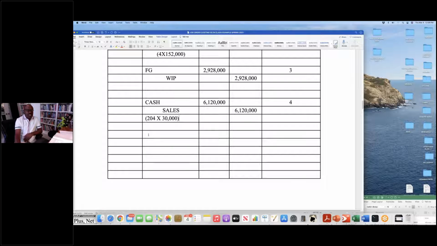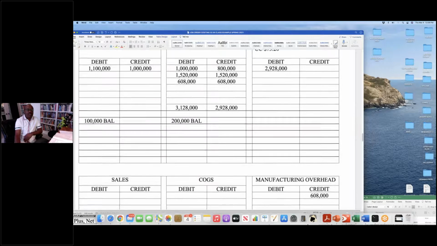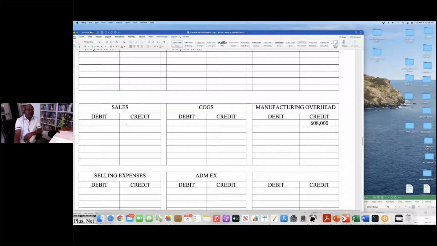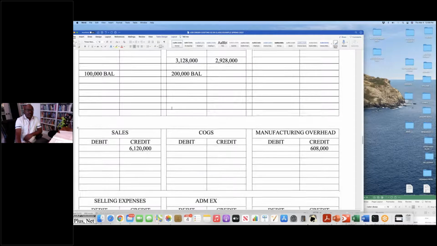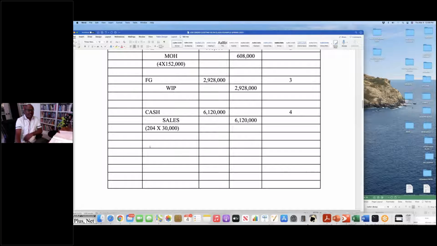And we know when we sell something, we also do what? Let me post that 6,120,000 right quick. We know that we always do what? Put in the T accounts? No, the cost of goods sold.